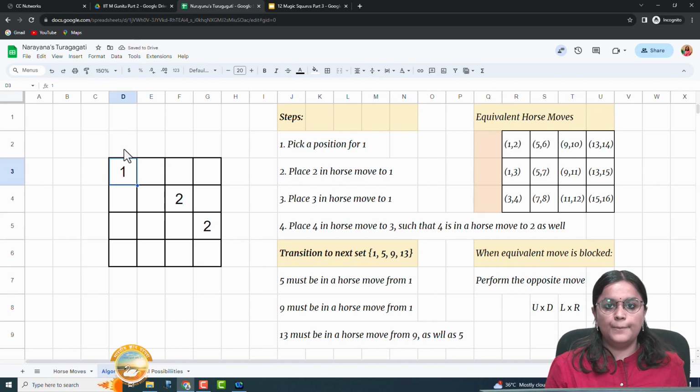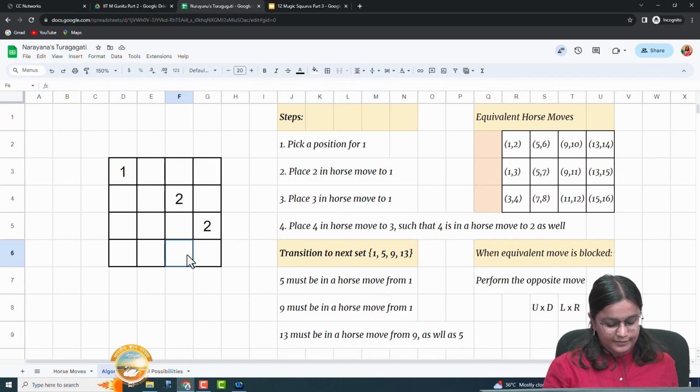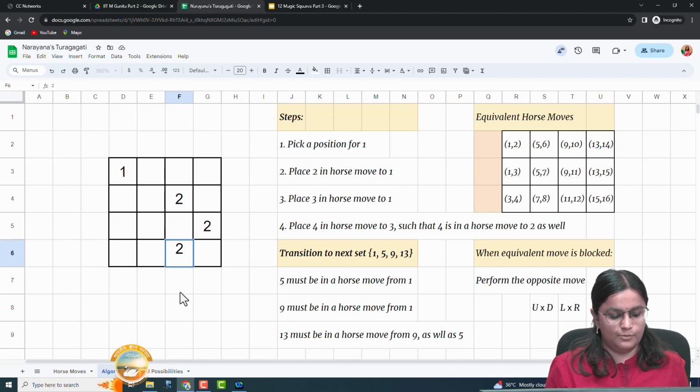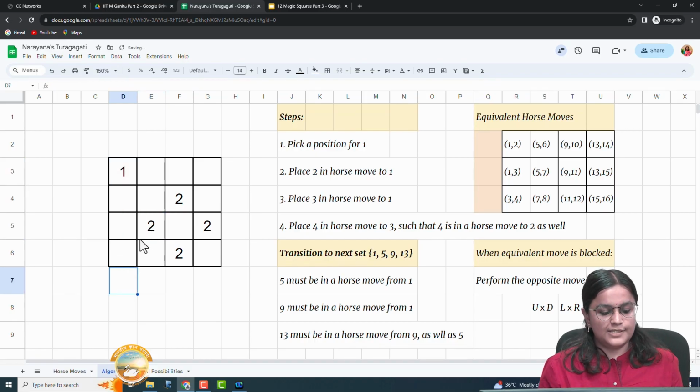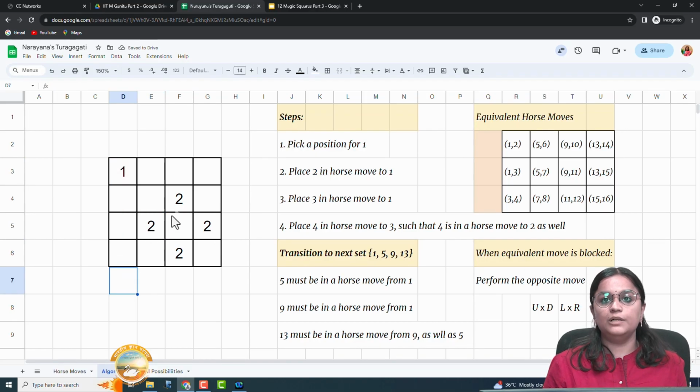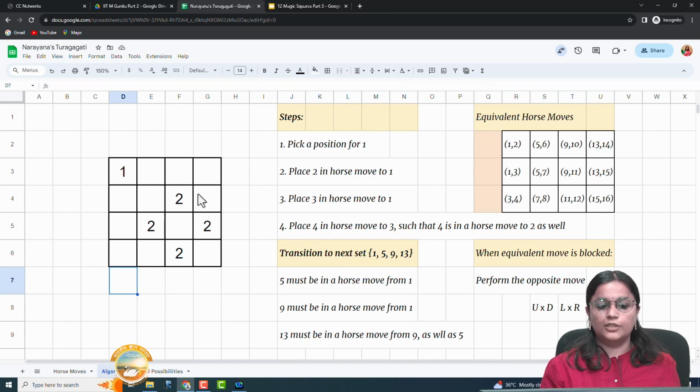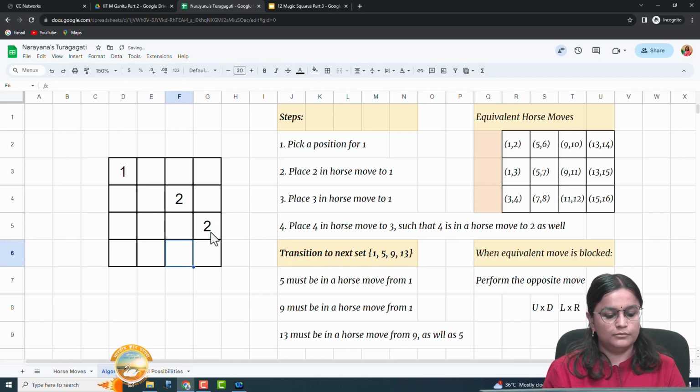If we were to go up, we go up, move 2 positions, wrap it around and we get another placement for the number 2. And in a final move, we go down and take a right, which gives us 2. So here you can see these are the 4 possible places where we can place the number 2 using horse moves from 1. For the purpose of our construction, let us pick this place to place the number 2.